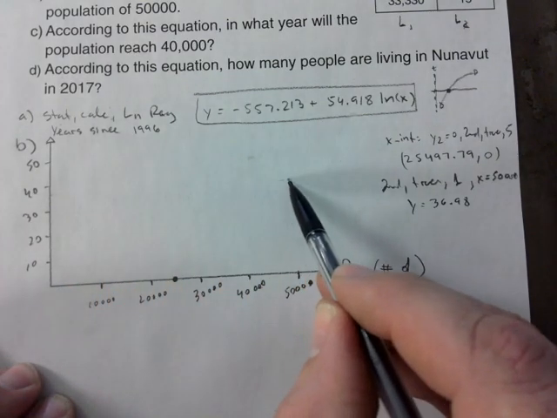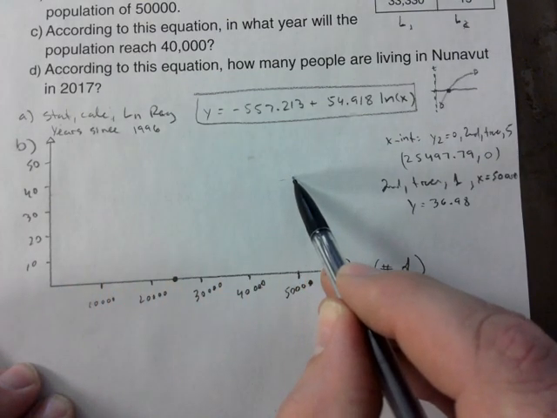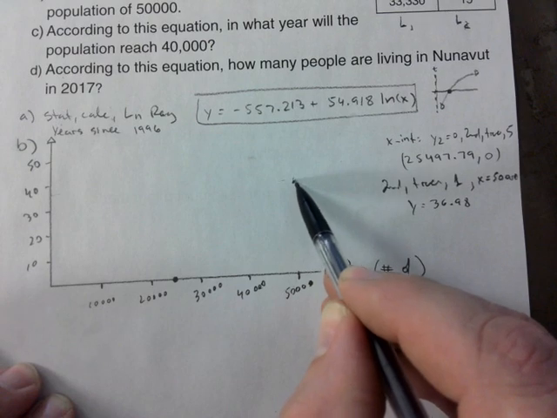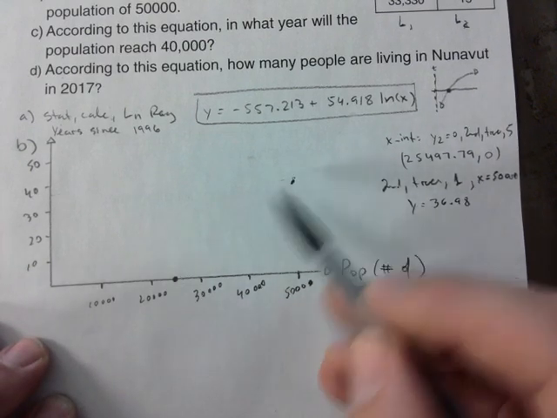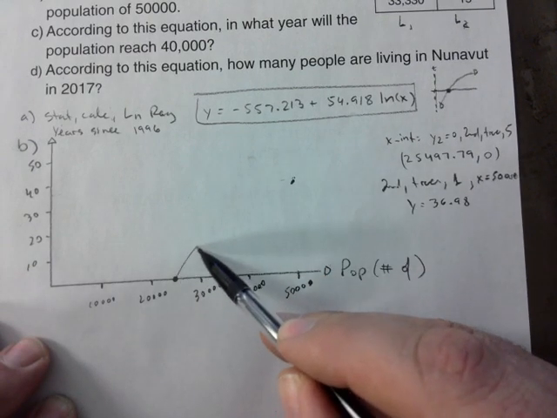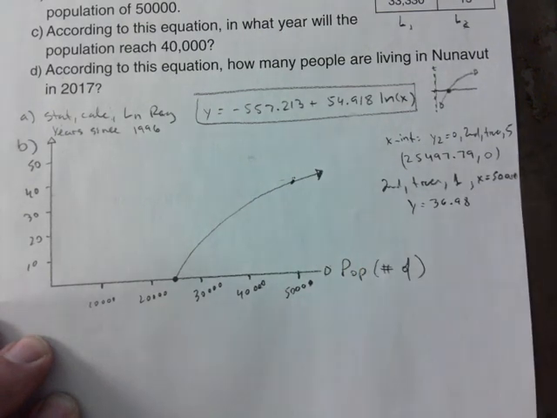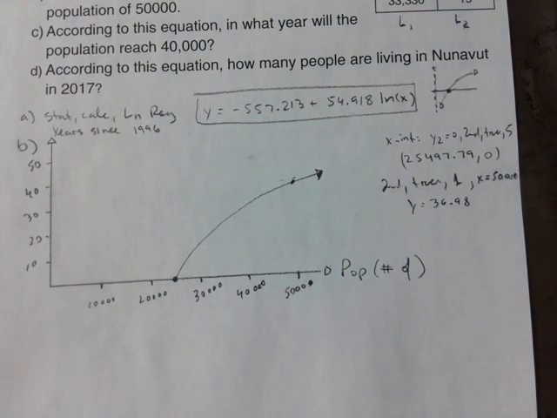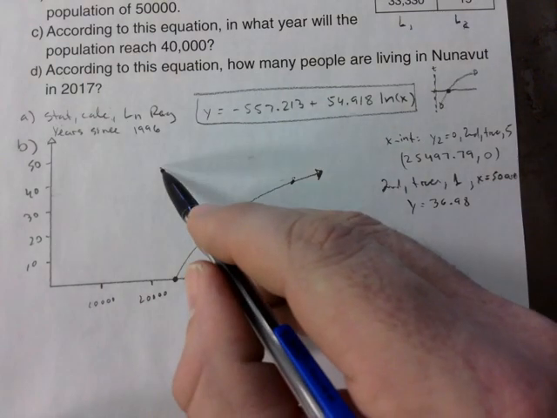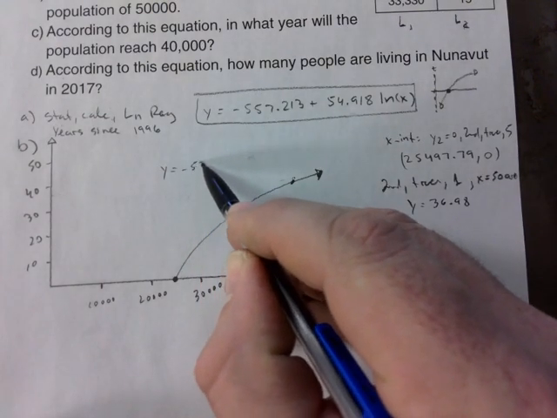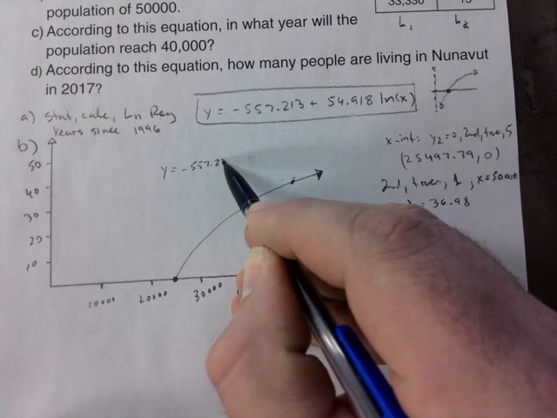Can I just match that as best as I can? Right about there. And so that's my reference point, so I know it's going to go like this, and you can just make the arrowhead go like that, and the equation, because most likely it's not going to be there.